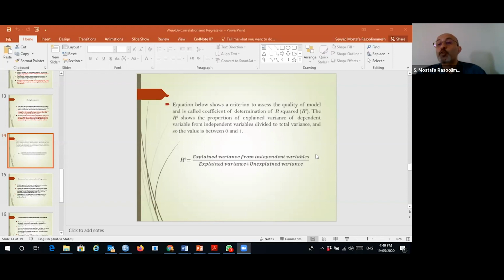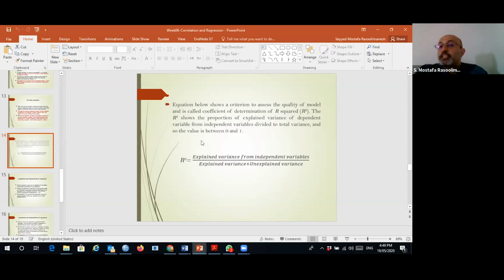But this is only for studies in marketing that include all variables that influence the DV. If you include only a few variables, R square can be small, and 0.2 can also be considered high.